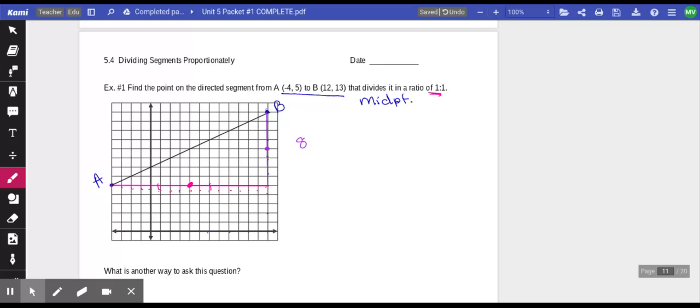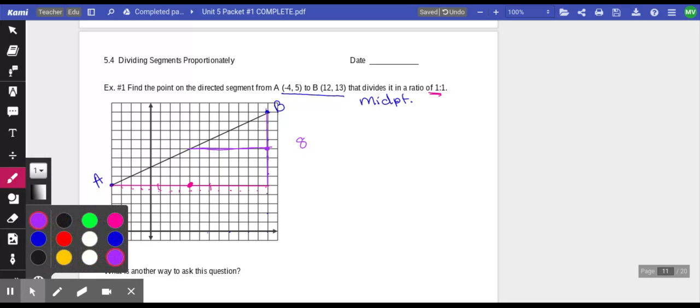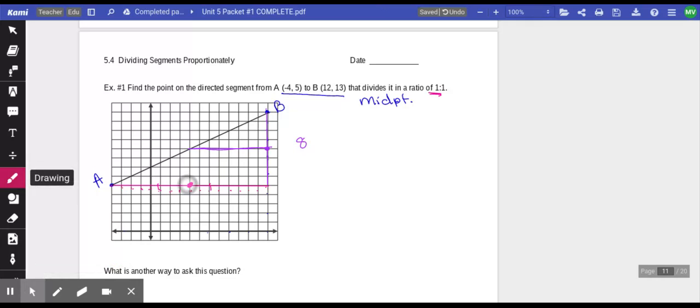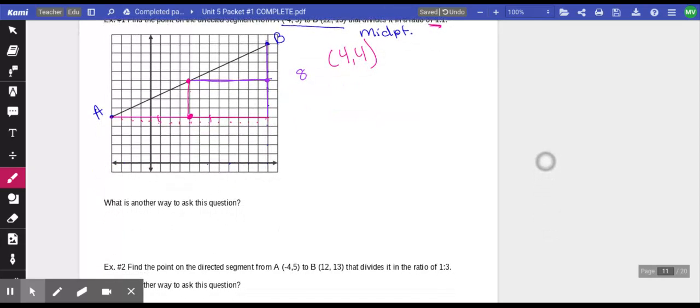So if I connect that over to my line and my halfway horizontally up to my line, I find this point, which is 4, 4, which is the midpoint. I could have found that using the formula, but that's how I can find it using the graph.